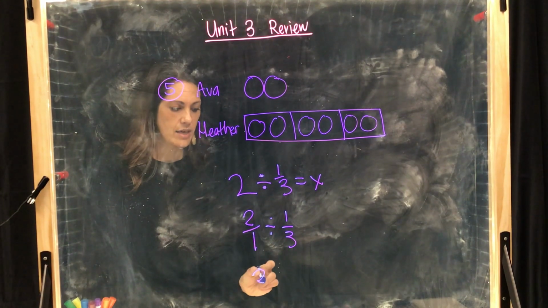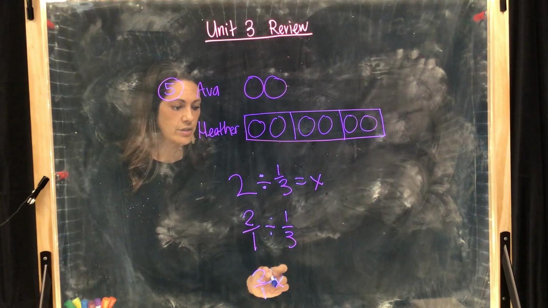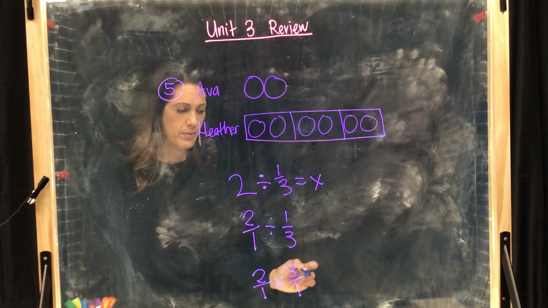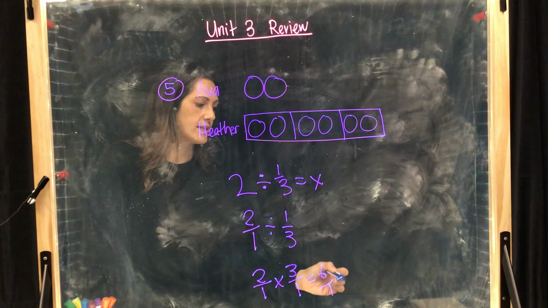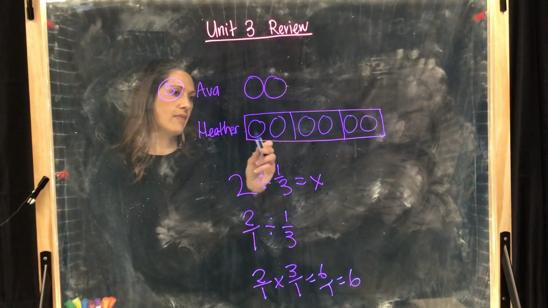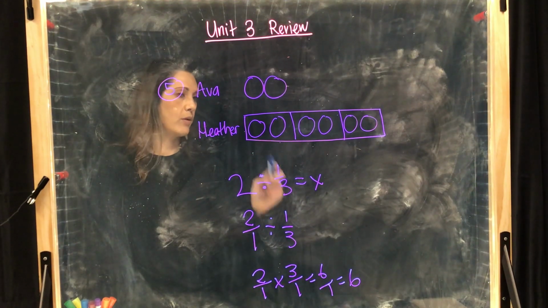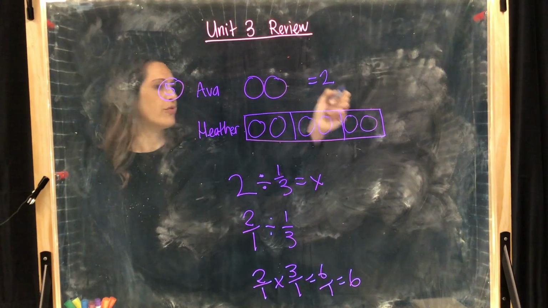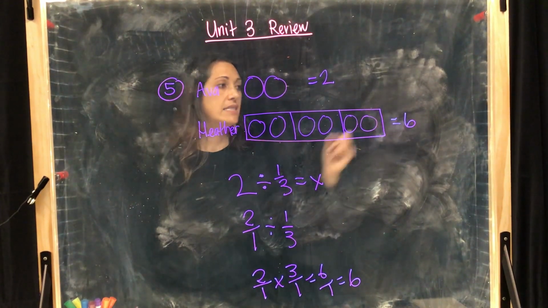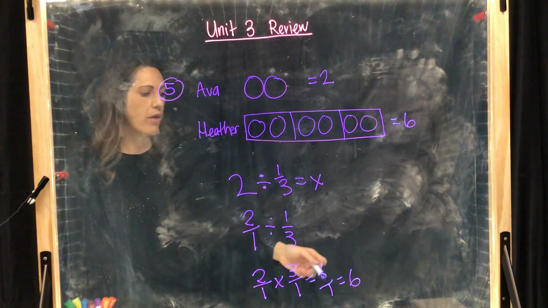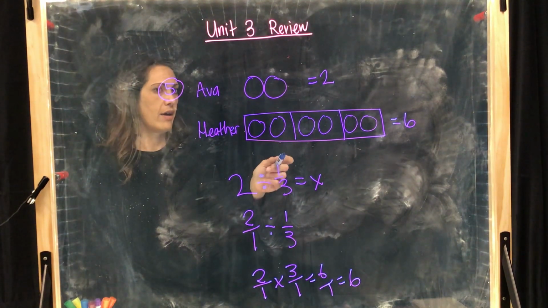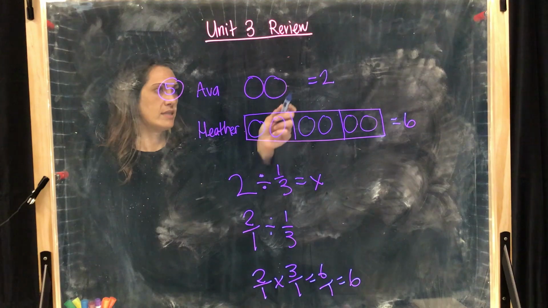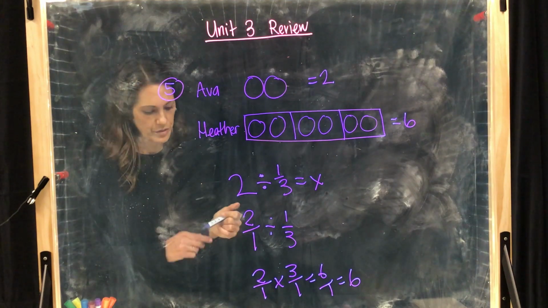Then I'm going to keep, change, flip, and I get 6/1 or just 6. And that matches exactly, right? 1, 2, 3, 4, 5, 6. Looks like Ava has 2 frogs and Heather has 6 frogs. And 2 is 1/3 of what Heather has, which is 6.